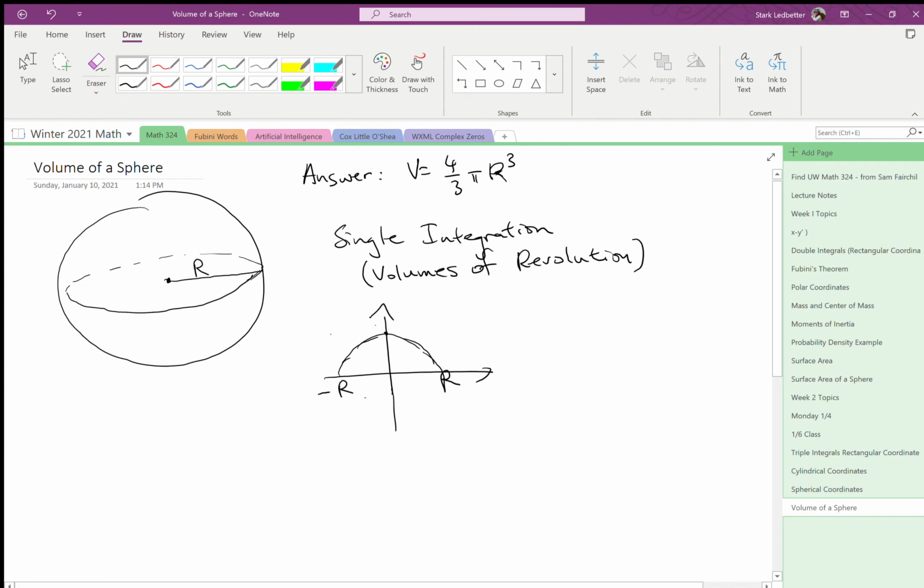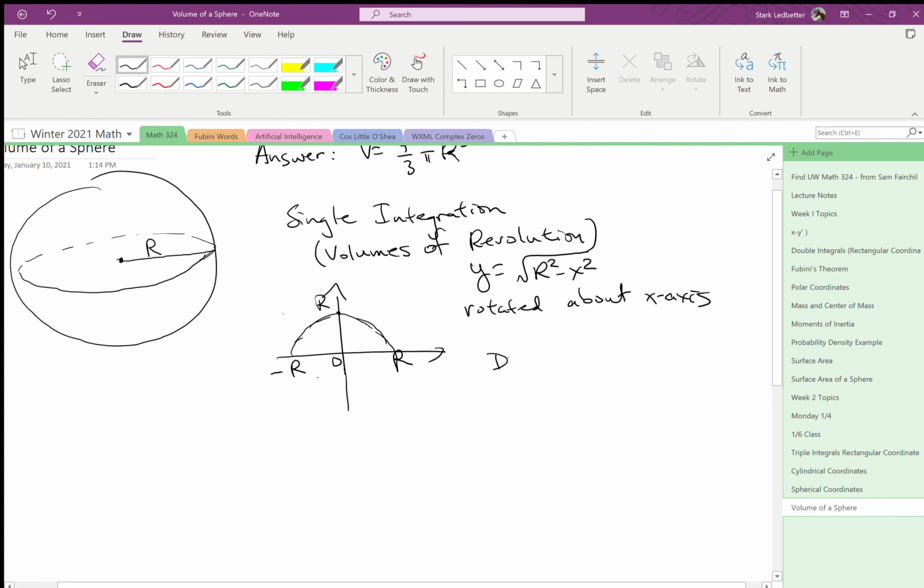That was r, and then you rotated it about the x-axis. And then the equation of the top half of the circle is y equals the root of r squared minus x squared. Okay, and so then you had the disk method for finding the volume of that revolved surface, which is going to result in a sphere.